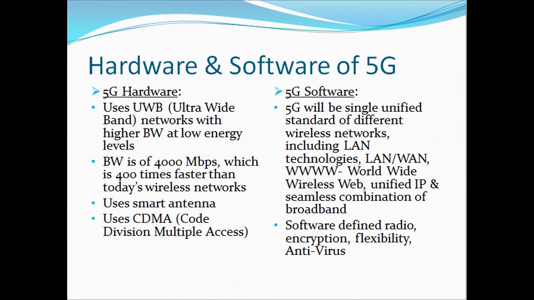Now 5G software. 5G will be single unified standard of different wireless networks including LAN technologies, LAN/WAN, WWW, World Wide Web, unified IP and seamless connection of broadband. Software defined radio, encryption, flexibility and antivirus will also be included.